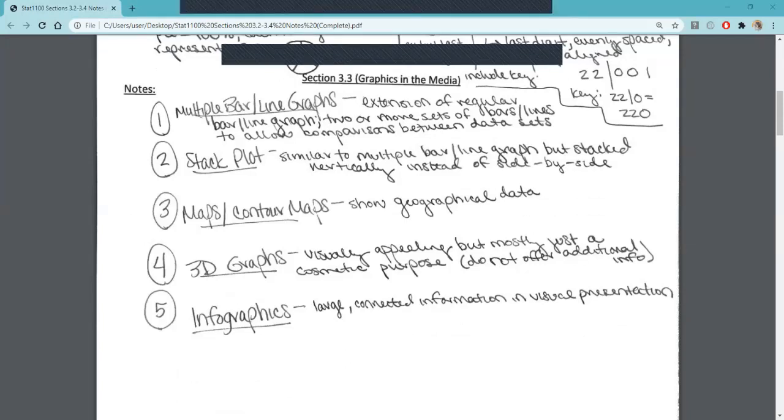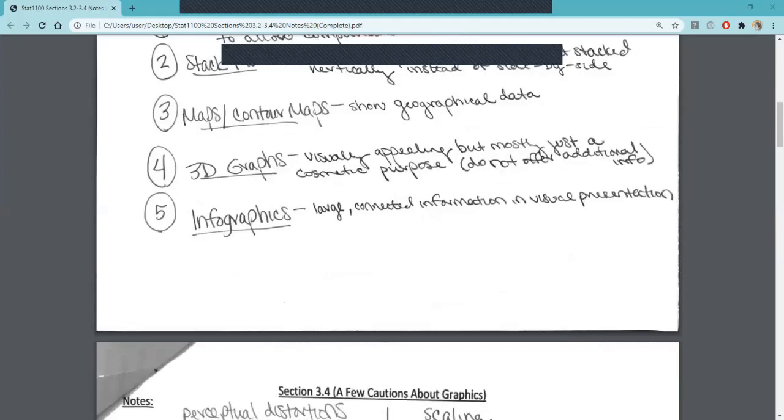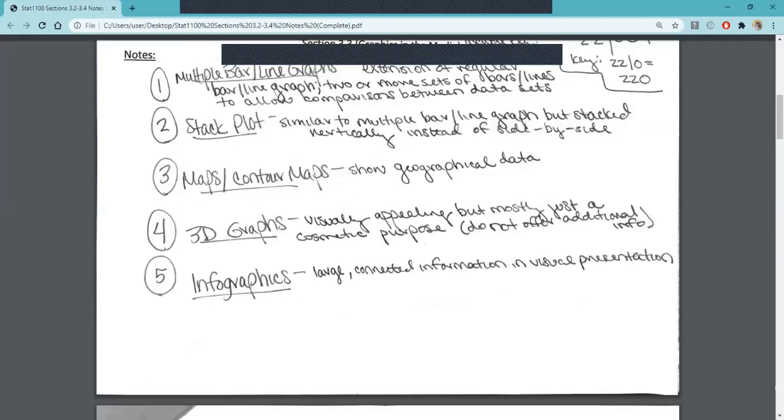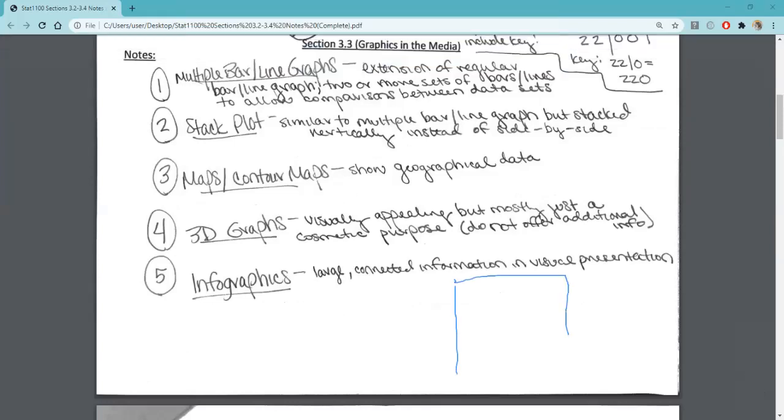And lastly here, talking about infographics. So this is going to be where we're using multiple chunks of information on one presentation. You see this in sports quite a bit, but we might have a player sheet here, and then we have one chunk of information over here about maybe this player's baseball stats.